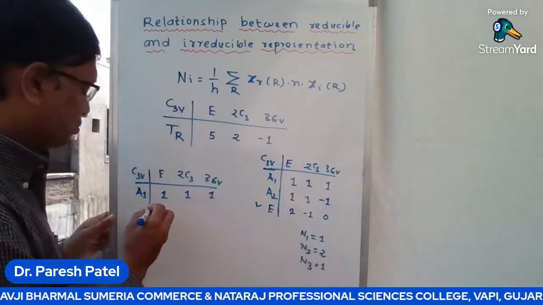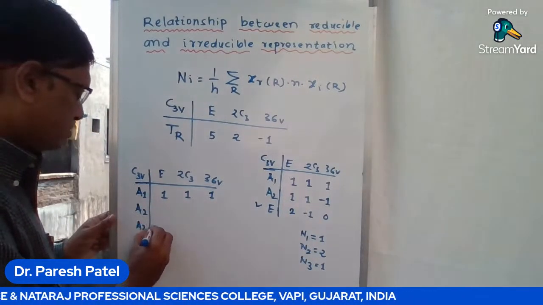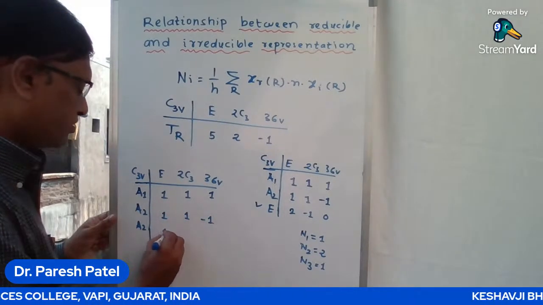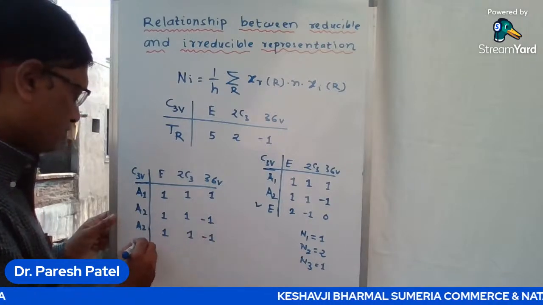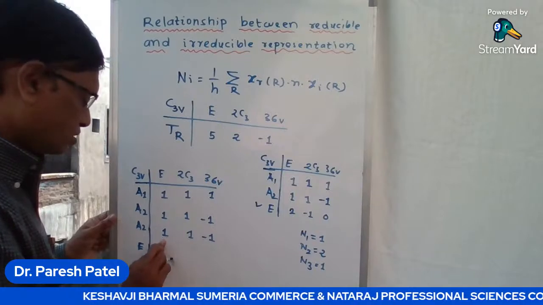Here N2 is equal to 2. It means we have to take 2 times A2: 1, 1, minus 1, 1, 1, minus 1. And the last one, N3 is equal to 1. It means E is equal to 1: 2, minus 1, 0.